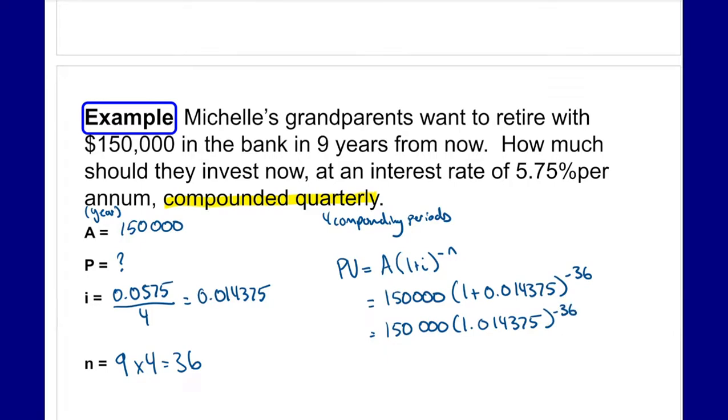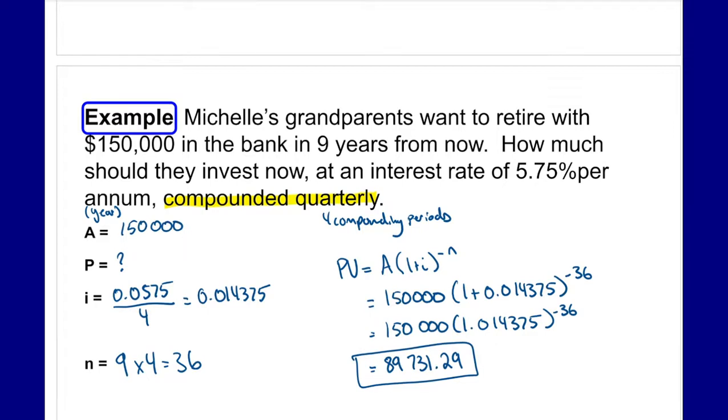Remember to do that exponent first. Then multiply that by the future amount, and we get a present value of 89,731.29.